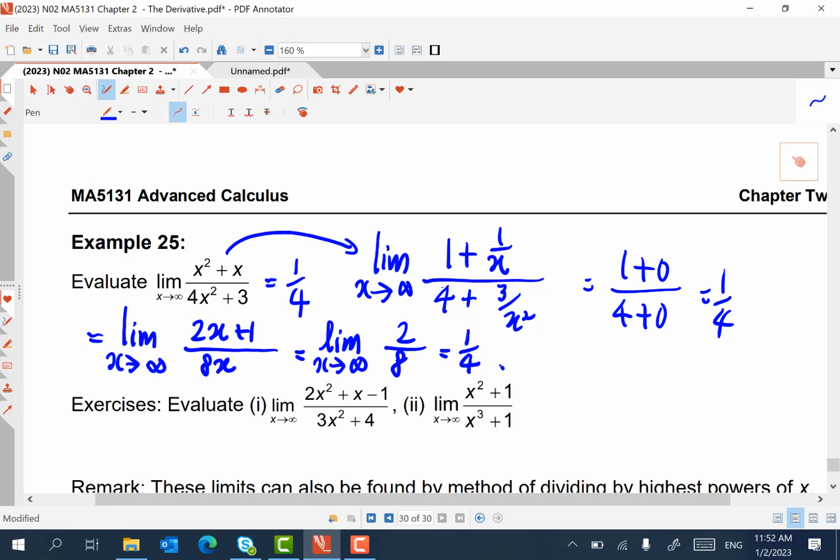And likewise, you could do the same for this one. Use L'Hopital. This is 2/3, and this is actually 0. No?